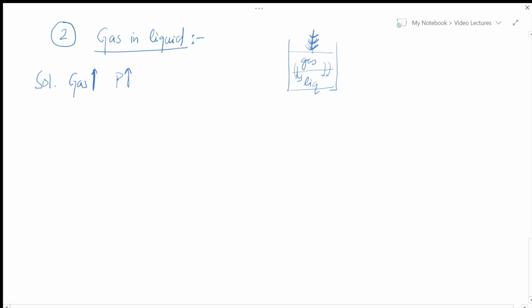Now, quantitatively, this is expressed as a law called Henry's law, which states that, please write this down, Henry's law states that the solubility of a gas in a liquid is directly proportional to pressure exerted by the gas on the liquid surface.